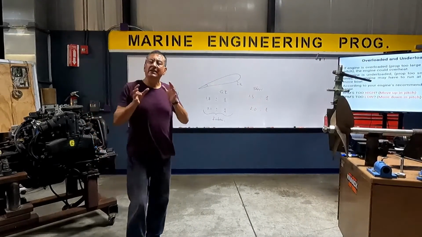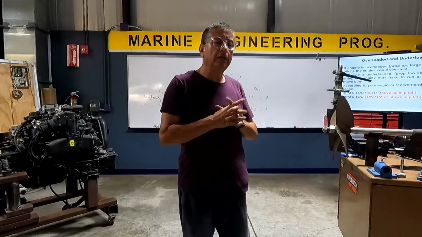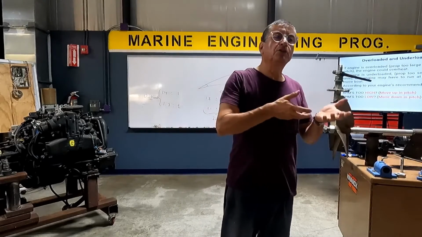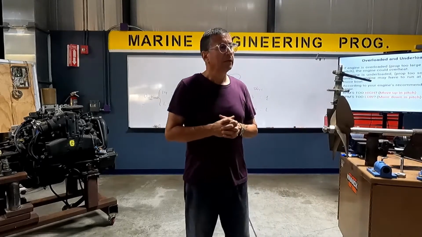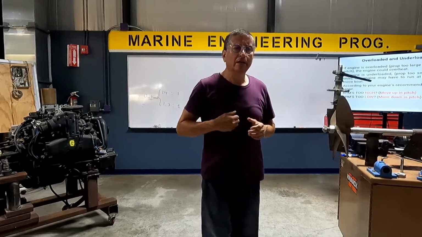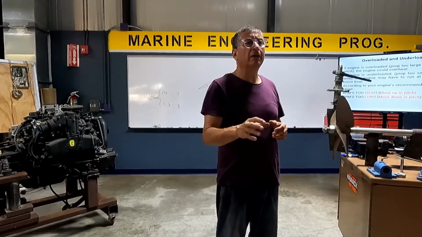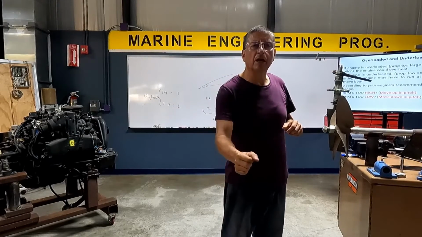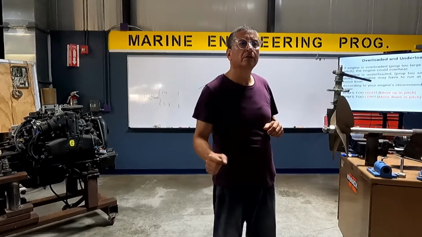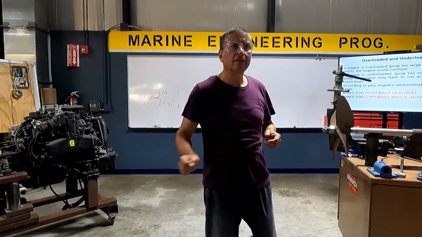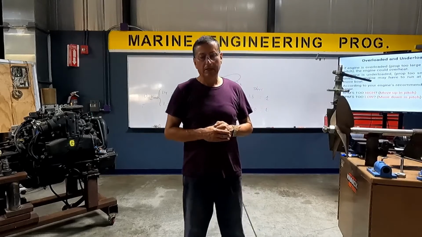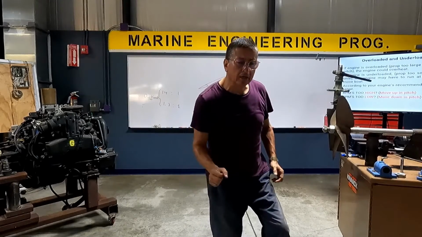Okay, guys, let me explain something about high pitch and low pitch and the gear ratio, because it's related. How many people have experience driving a car with a manual transmission? You remember you use the clutch. What happens in first gear?